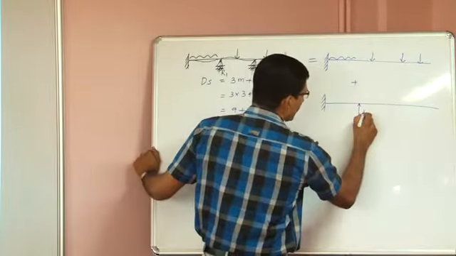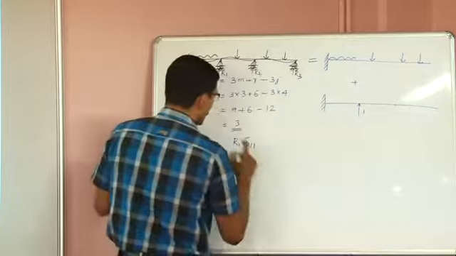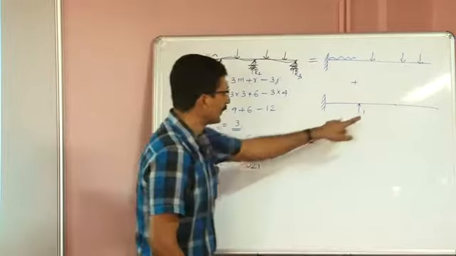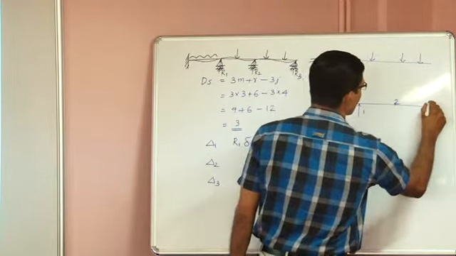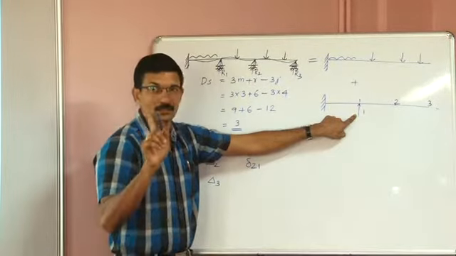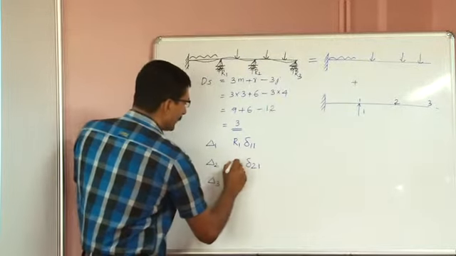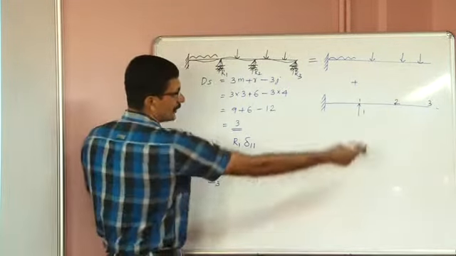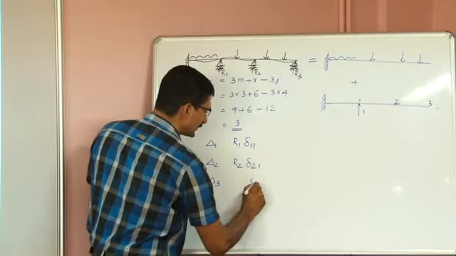When you apply a unit force over here, the deflection at this joint would be delta 2 1, deflection at joint number 2. That is joint number 1, that is joint number 2, this is joint number 3. And the deflection at joint number 2 due to the application of a unit force along R1 is delta 2 1. So total deflection at that joint would be equal to R1 into delta 2 1. Likewise, deflection under joint 3 due to unit force at joint number 1 can be termed delta 3 1.